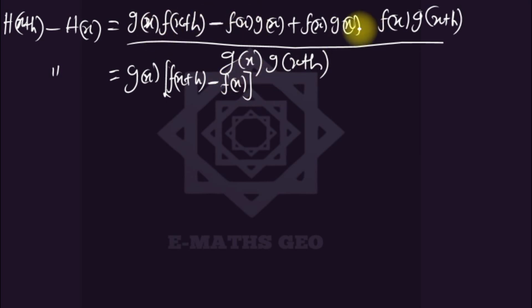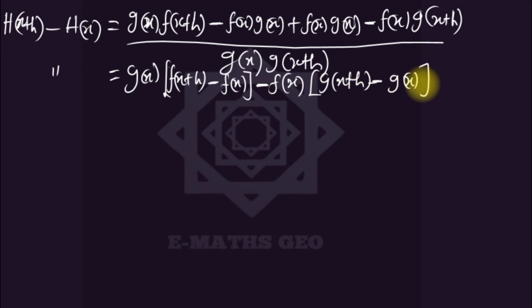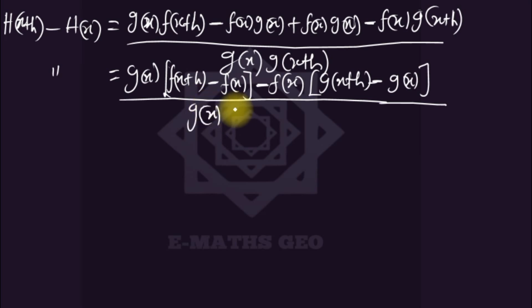For this one, remember this is minus. So if I factor minus f of x, what is left is g of x plus h minus g of x. So the same thing, we are still correct. I factored g of x and f of x. That's by grouping.